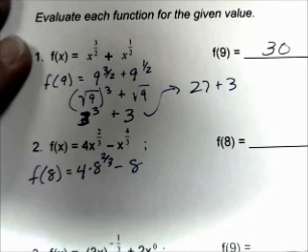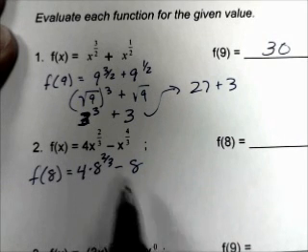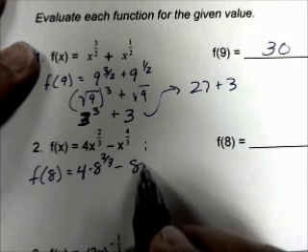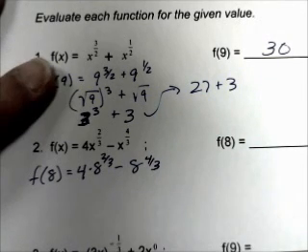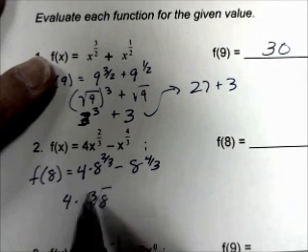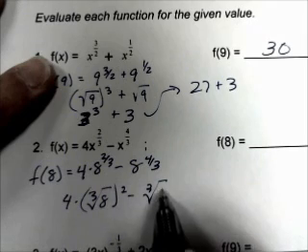Okay, got the lights back on. Here we go. Okay, so this is 4 times the cube root of 8 squared minus the cube root of 8 raised to the 4th.